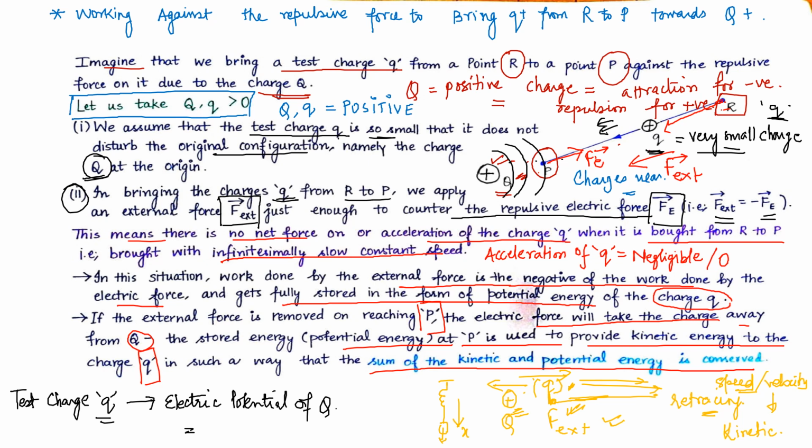So this potential energy of small q is changed into kinetic energy of small q, and the overall energy is the same. Our energy is conserved. So in this case also our kinetic as well as our potential energy is conserved.